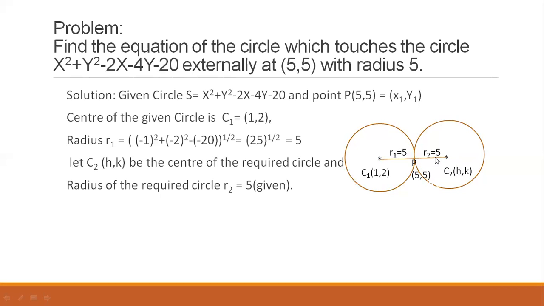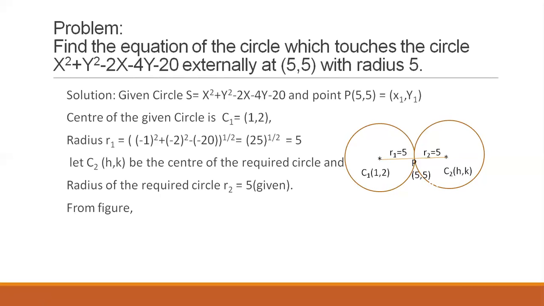The radius is 5 and this circle is touching the first circle at point P (5, 5). We don't know the center of the circle. We only know the radius. If we know the center of this circle, we can find the equation of the circle. Since we don't know the center of the second circle, let (H, K) be the center of the second circle. Now our aim is to find the center.